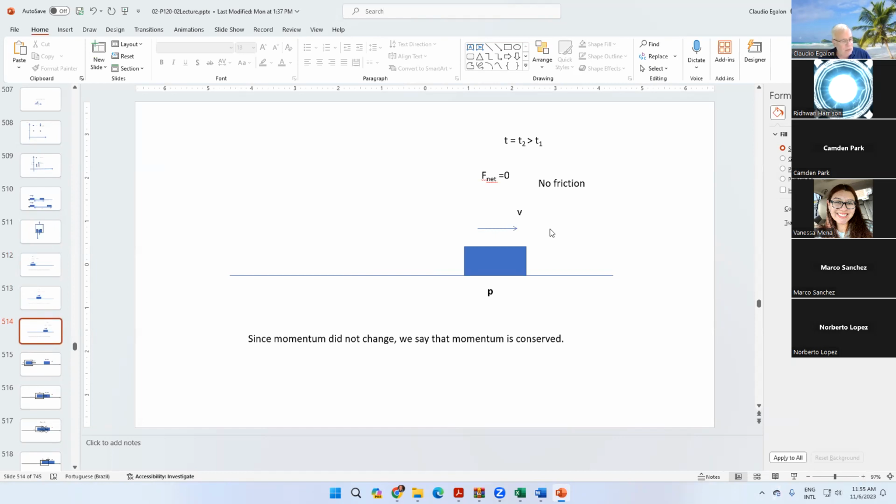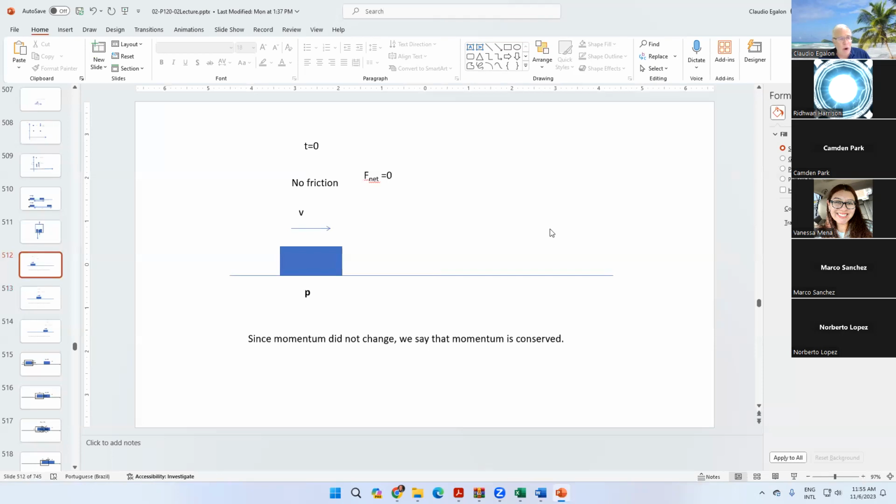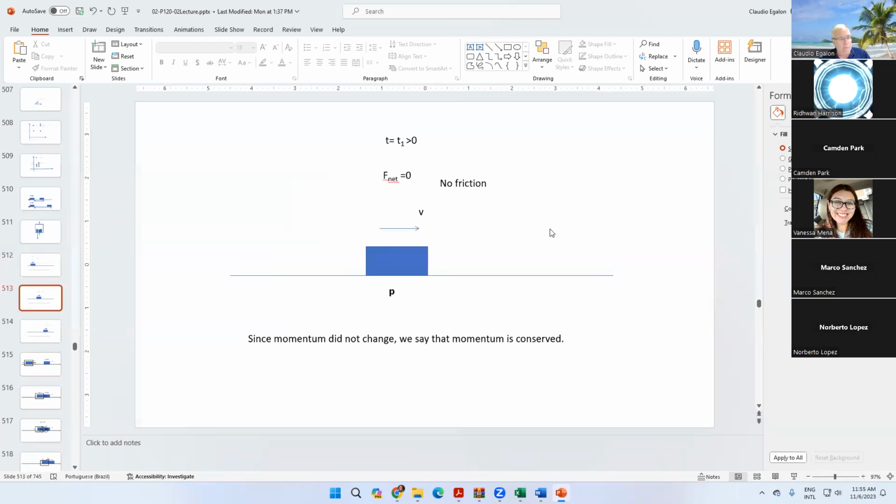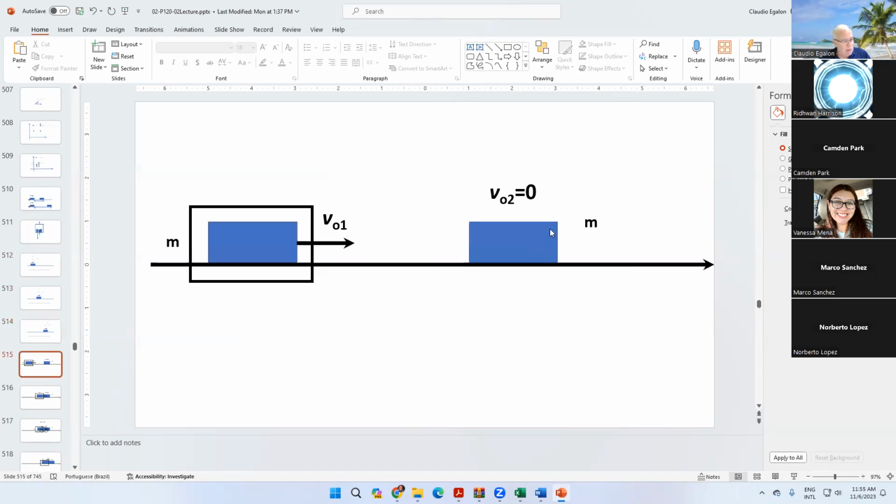Now, we are going to start studying a slightly different system. What you see right in here, the single object moving, is what we usually call our system. And then we can come up with a different type of system like this one here. Instead of just one object, two. It's still a frictionless surface.